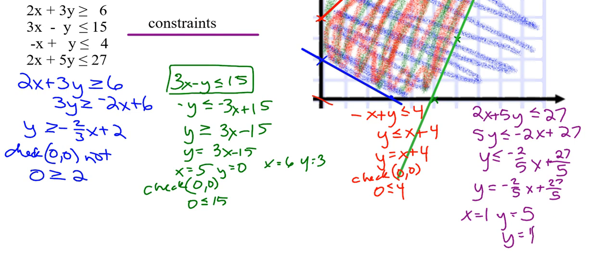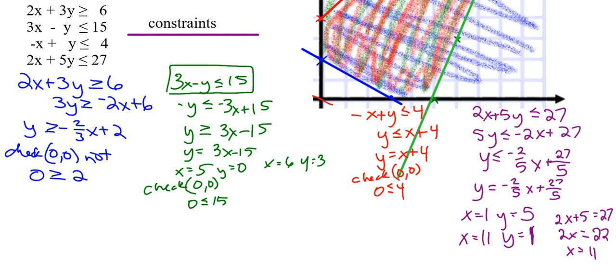When I do y equals 1, so 2x plus 5 times 1, which is 5, equals 27 on that boundary. When I subtract 5, 2x equals 27 minus 5, which is 22. X equals 11. That's still not going to be on my graph, so that's not going to work well.